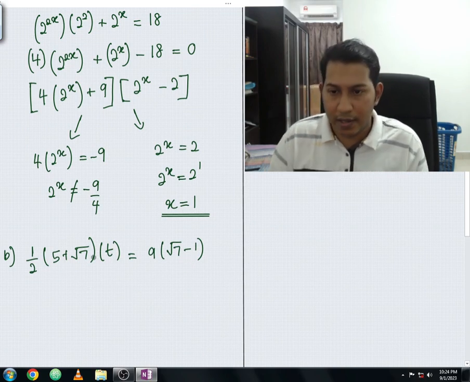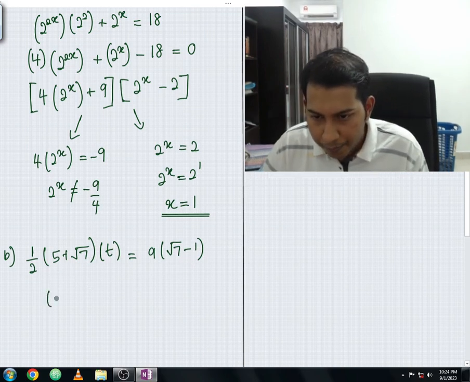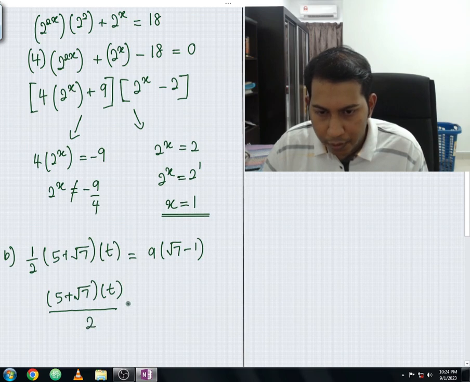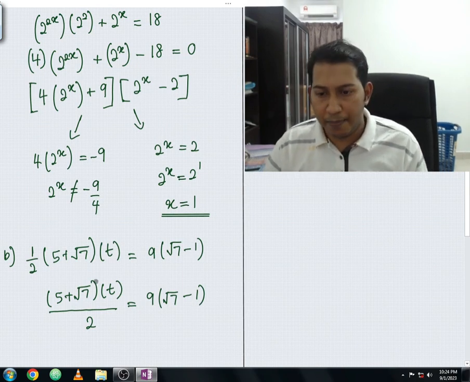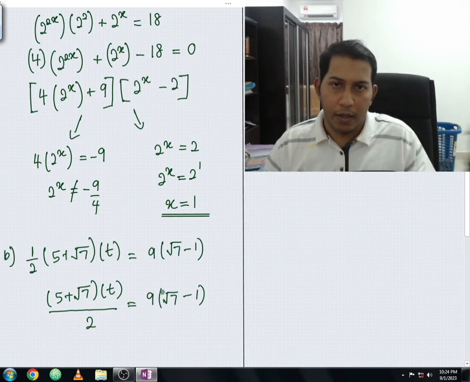Okay, so let us rearrange this equation. So from here, 5 plus square root 7, times t, and then you divide by 2, you should get equals to 9 times square root 7 minus 1. Okay, so for the next step, this 2 from the denominator you times to the right hand side.